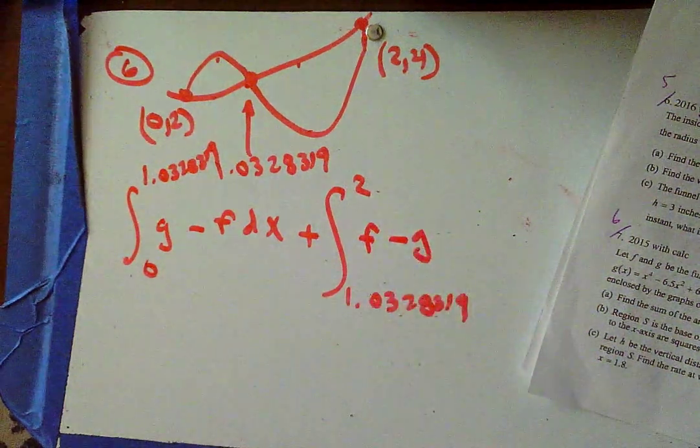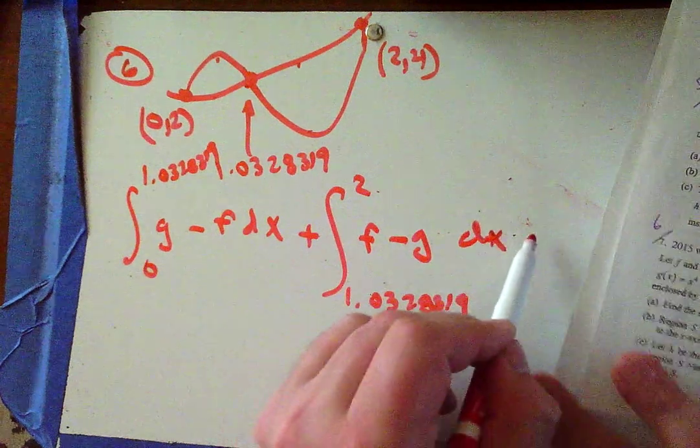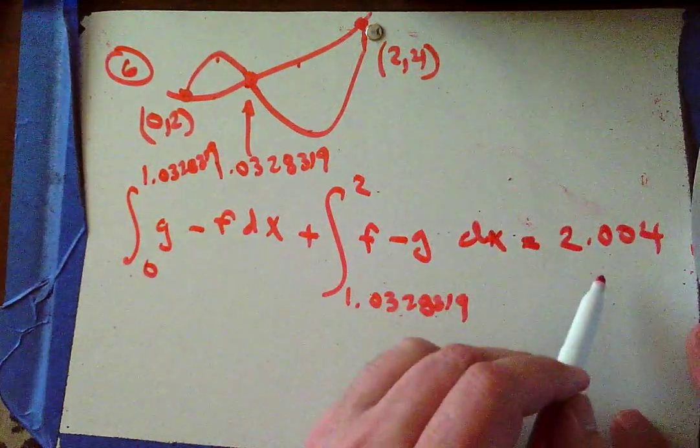I want to flip those. When I integrate this on my calculator, I get an area of 2.004.